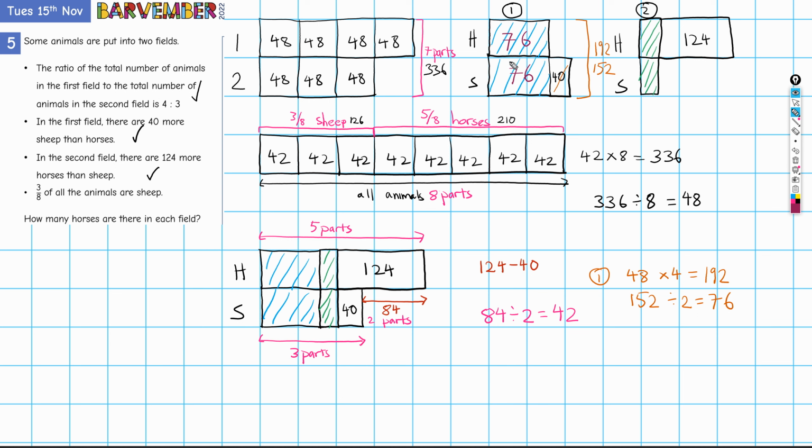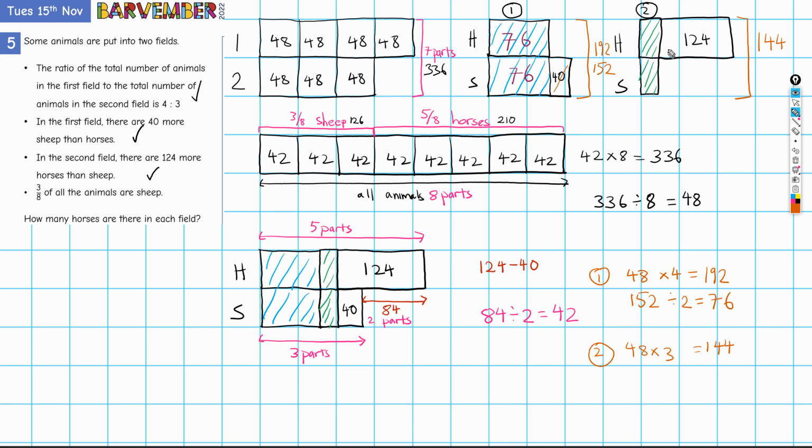Okay. And let's do the same thing for field 2. So field 2, what have we got? We've got 48 times 3. That is 144. Okay, so that is the value here. That's the total value, 144.